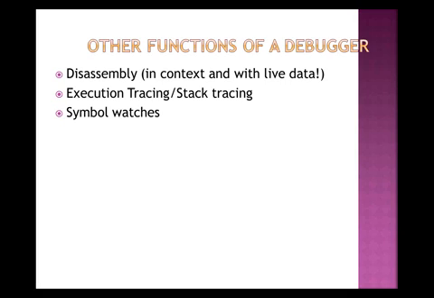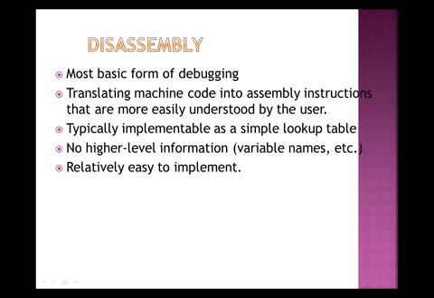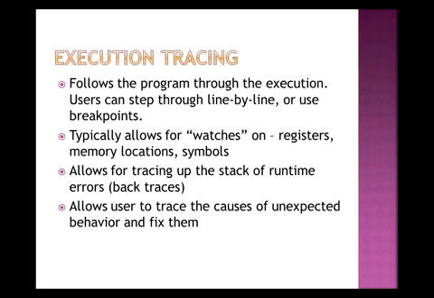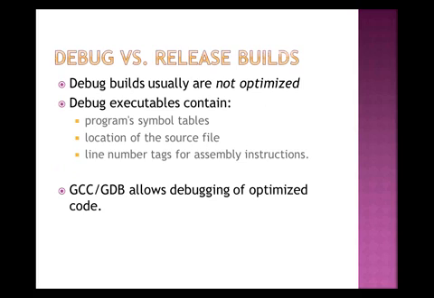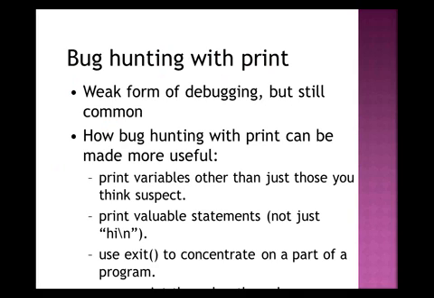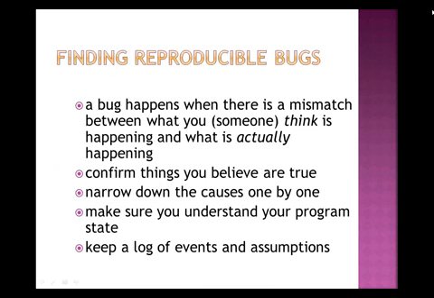Next are the other functions and the role of a debugger: disassembly, execution tracing, stack tracing, symbol watches. Disassembly is a basic form of debugging. Then we studied symbol information, debug and release formats. So we have studied multiple topics about debugging with the help of the book and PPTs.